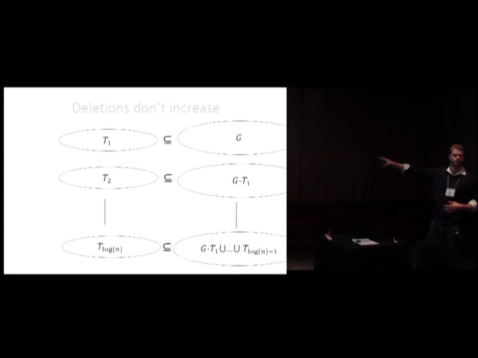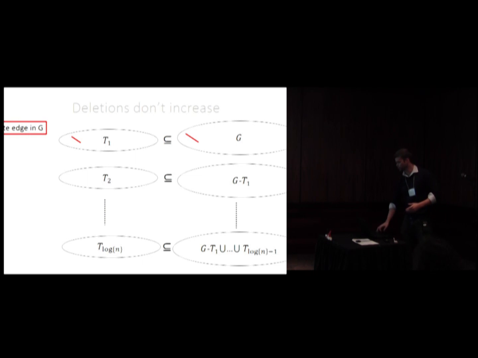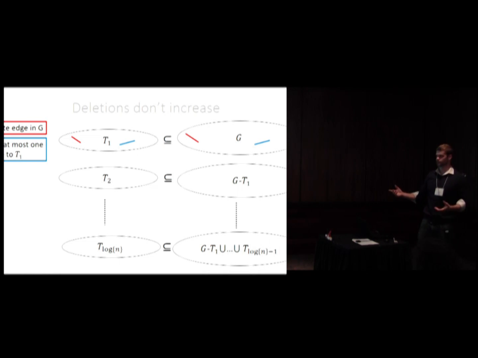So what do I mean by that, right? This was our peeling process. We had our original graph, we took a tree, we removed that tree, we found another tree, and so on and so forth. So suppose we delete an edge in the graph, and that edge happens to be in our first tree. At most one edge should then be added to this tree from the graph to connect the components that may have been disconnected.